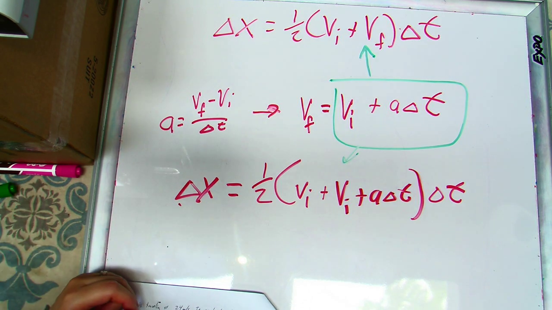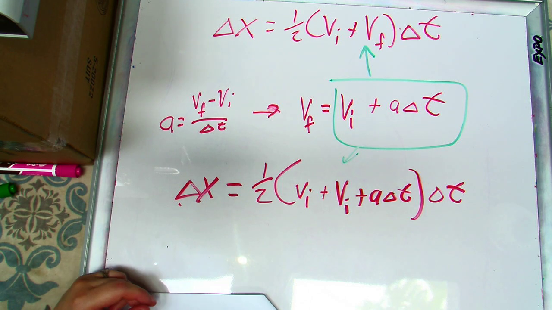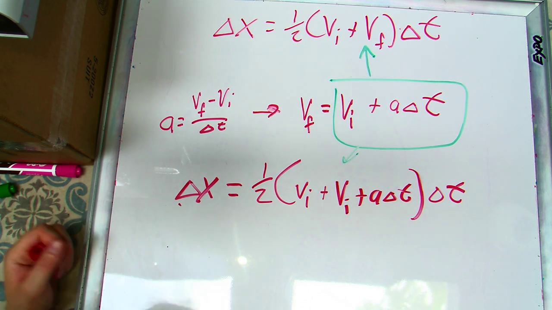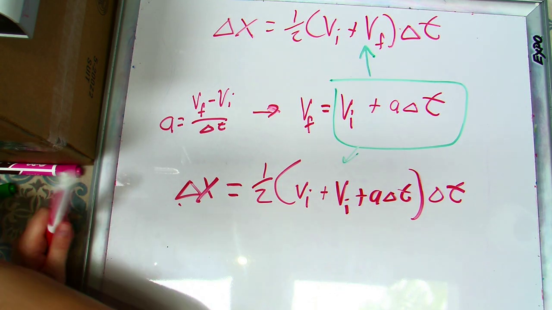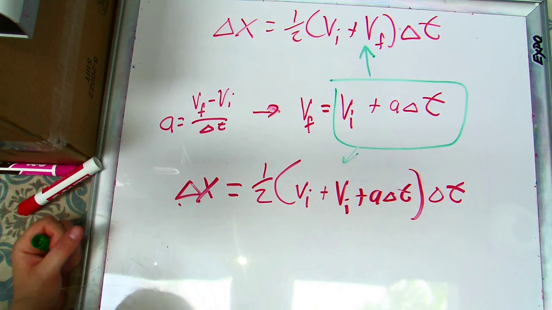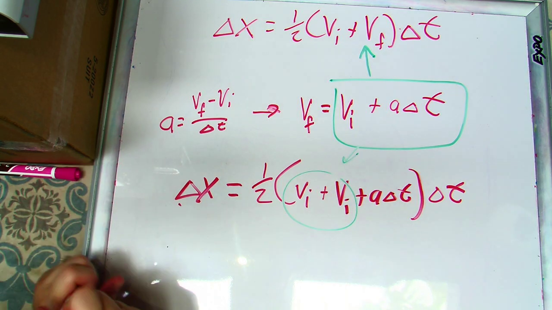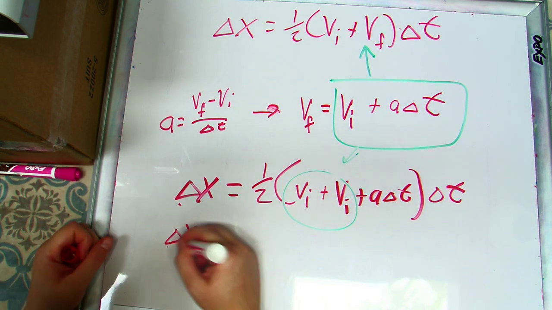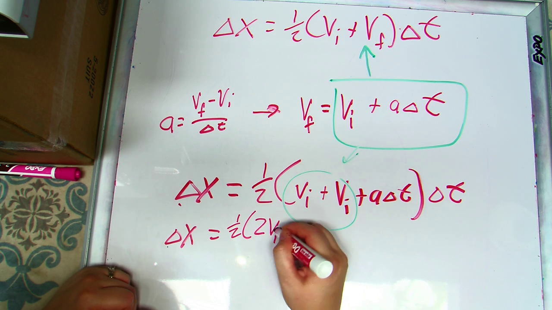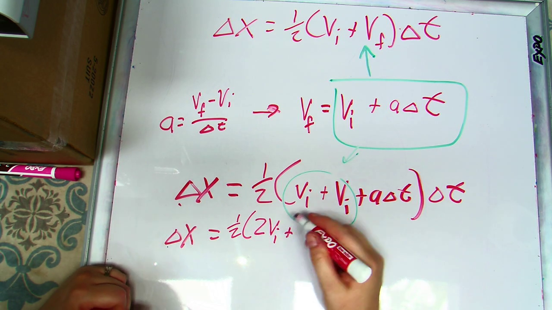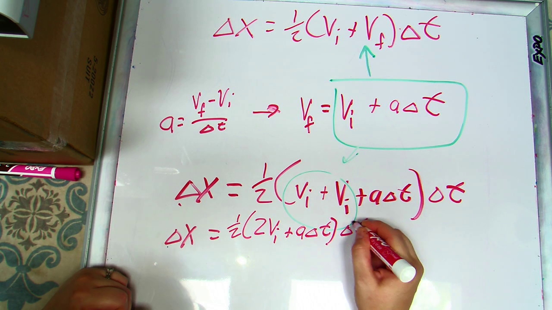All right, so we can take this and we can simplify it. We're going to go through a whole round of simplifying. And we know we have vi plus vi. So we can take that and combine them. 1/2 times 2vi plus a times delta t, and then close parentheses, delta t.